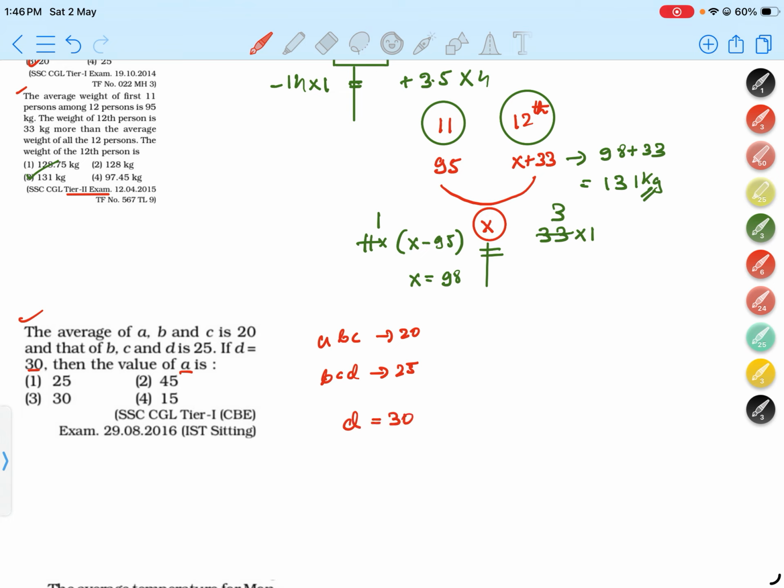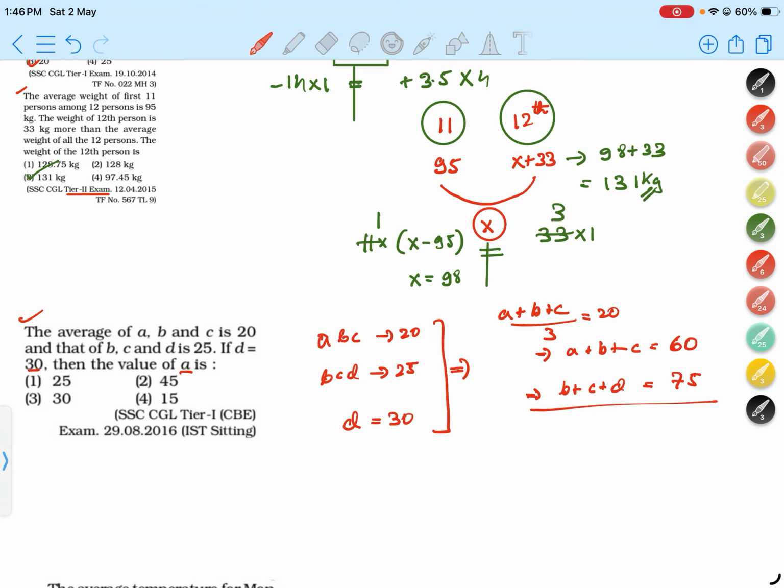There are many ways to solve this, but the best one in this case will be the basic method. From the average of ABC being 20 we can say that A plus B plus C by 3 is equal to 20. Using the definition of average, this gives us A plus B plus C as 60. Similarly, BCD average 25 gives us B plus C plus D as 75.